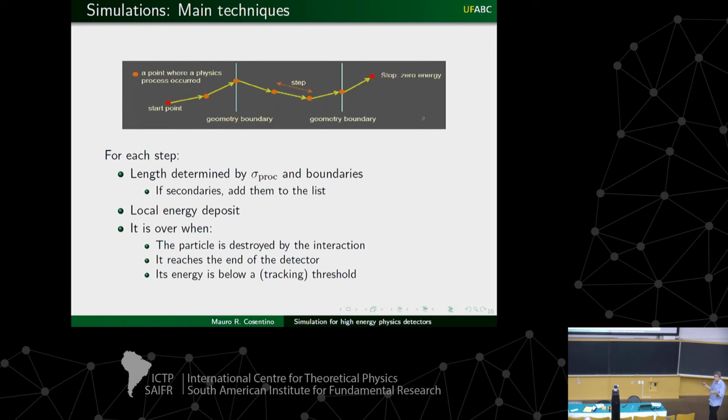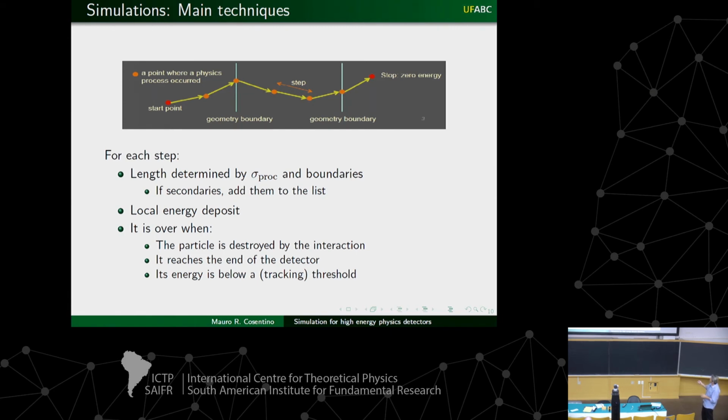Is it meaningful? Depending on the energy, yes, because the electromagnetic processes, the interaction of photons with matter, depend a lot on the energy. So for very high energy photons or very high energy electrons, you may not have Compton scattering at all.